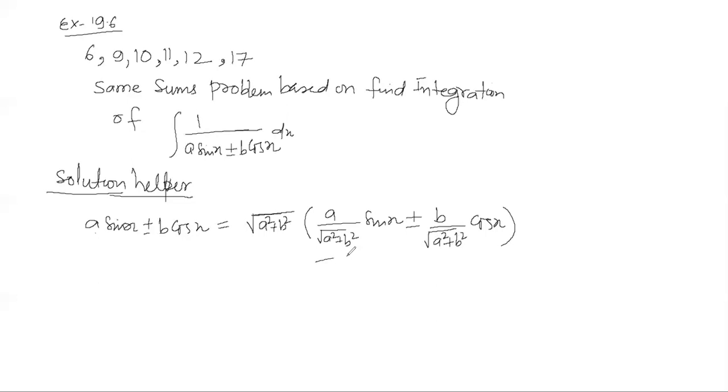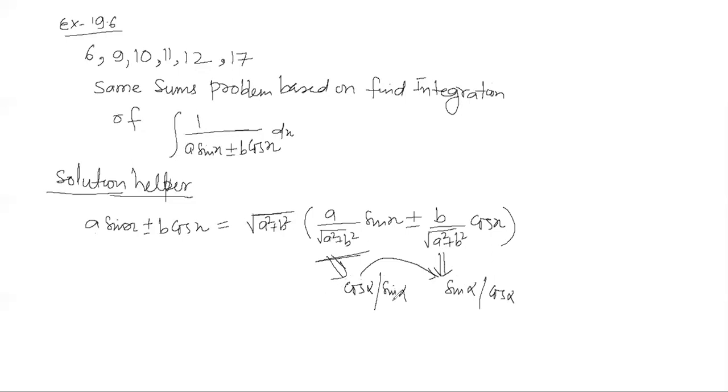Accordingly, you write it as either cos alpha or sin alpha. If you write this value as cos alpha, then the other value automatically would be sin alpha.